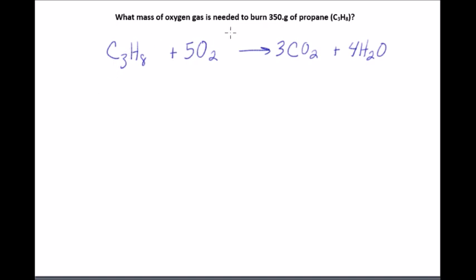So now that we've balanced our equation, we can go ahead and get started with the actual problem. Let's look and see what the question is actually giving us and what it's asking. First of all, we have 350 grams of propane, and it is asking us for the mass of oxygen. So we can put our givens right here, and then, of course, what we're trying to find.